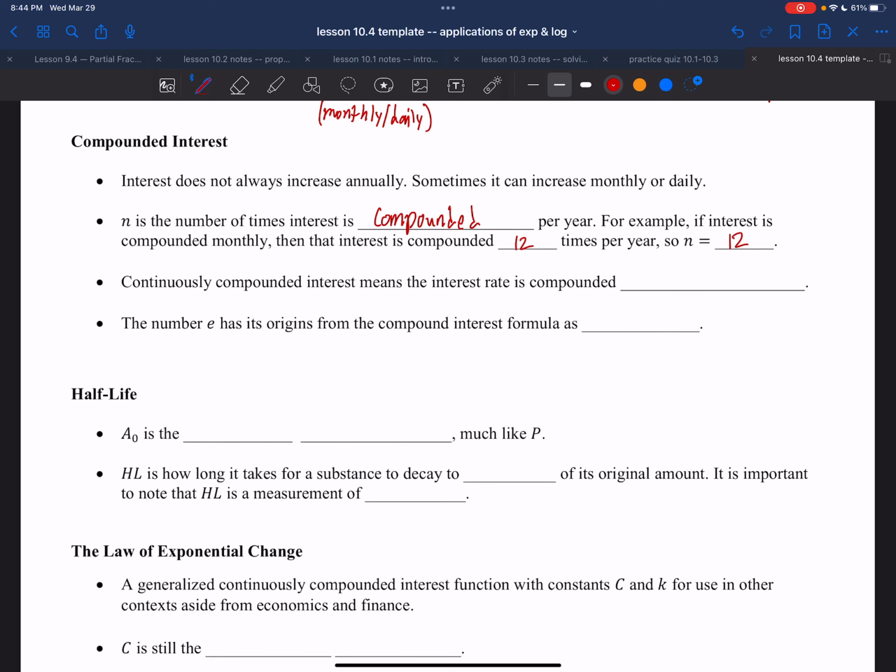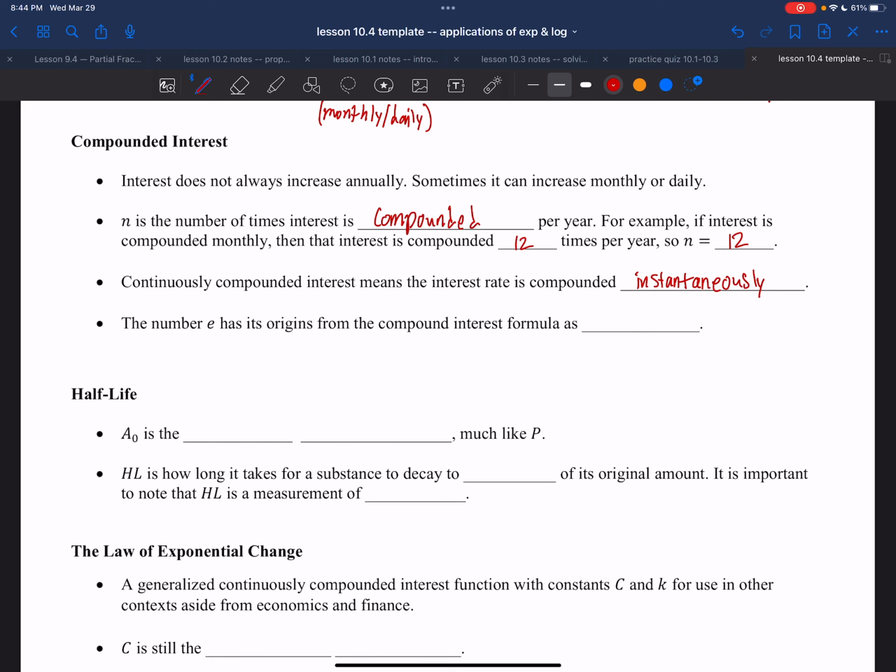Now, continuously compounded interest means that an interest rate is compounded instantaneously. And when I say instantaneously, I mean instantly, right? You have to think, it's kind of hard to conceptualize this. It's not a particular time value, but you can kind of conceptualize it as a particular time.